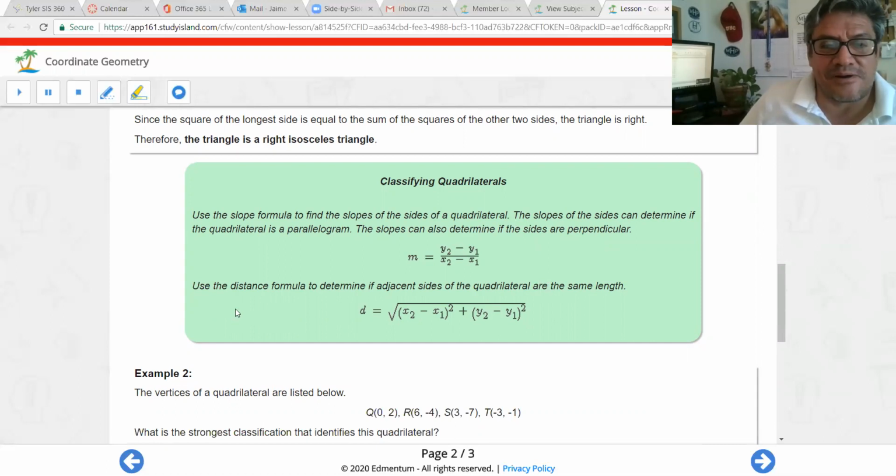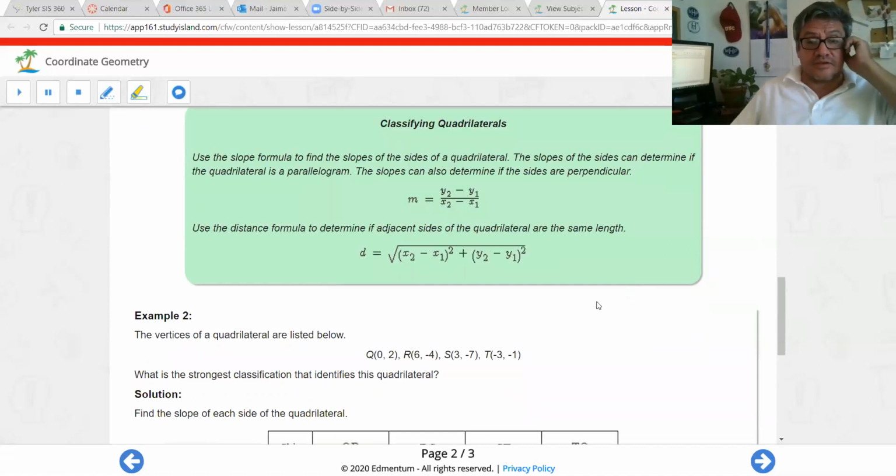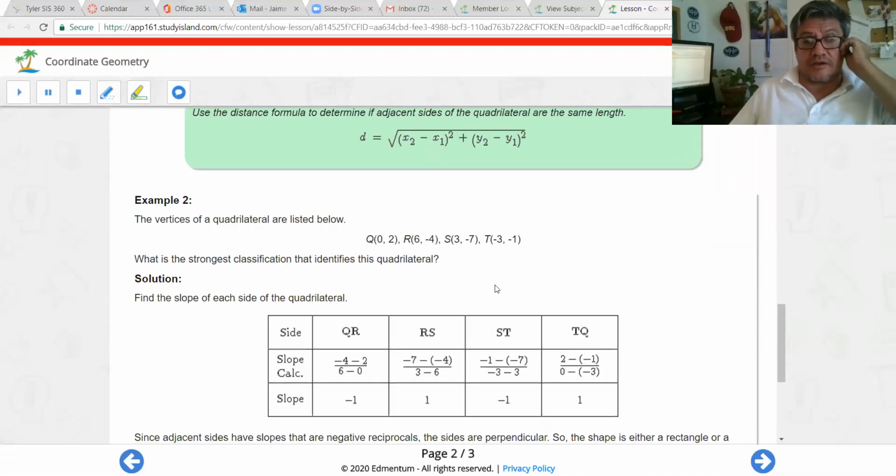Okay, so let's use the distance formula to determine if adjacent sides of the quadrilateral are the same length. All right, so here's our example number 2. They throw us 4 points. As you see, they use the slope formula for each one: the slope for QR, RS, ST, and then TQ, which is last point to the first point.